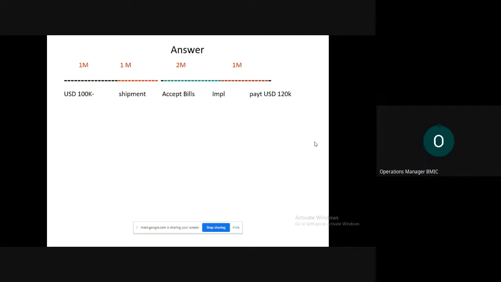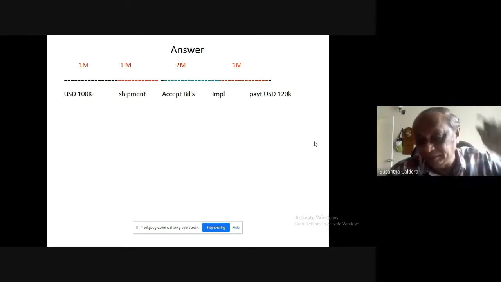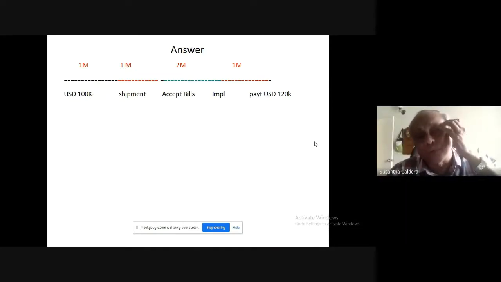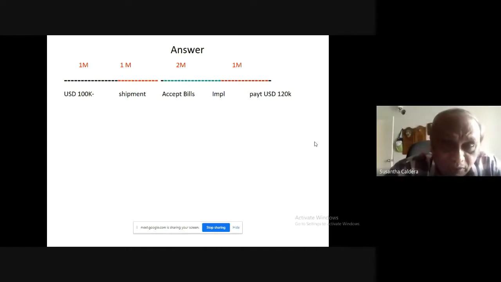Short term loan or OD. What do we call it? Short-term import loan. Short-term import loan to settle accepted bills.